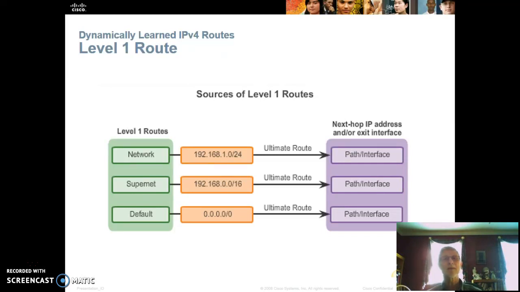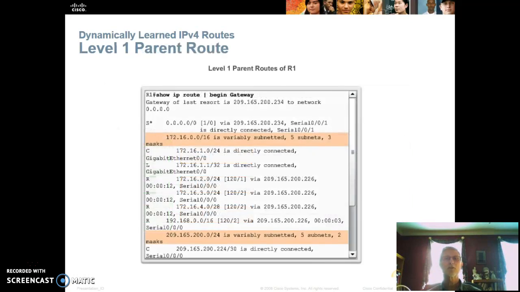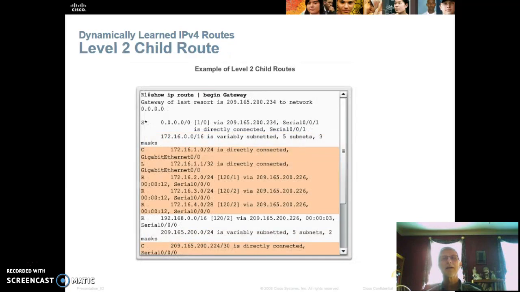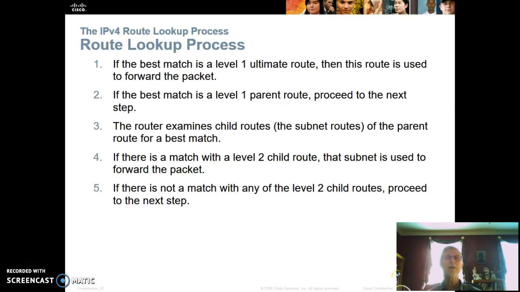Level 1 says, hey, I'm going to go from my network out to the next hop, so I'm looking for just a little bit less information. Now the parent route, level 1 parent routes, I'm going to go to that route next, and then I'll go to the child route.